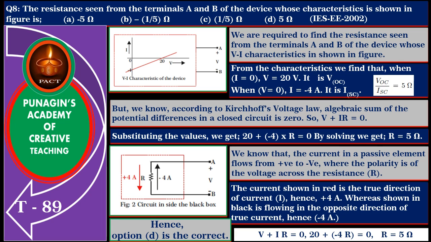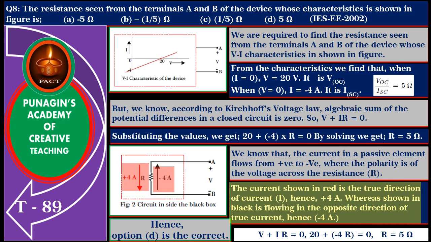Another way of looking at the problem is consider the circuit inside the black box as shown in figure. We know that the current in a passive element flows from positive to negative where the polarity is of the voltage across the resistance R. The current shown in red is the true direction of current I, whereas shown in black is flowing in the opposite direction of true current.